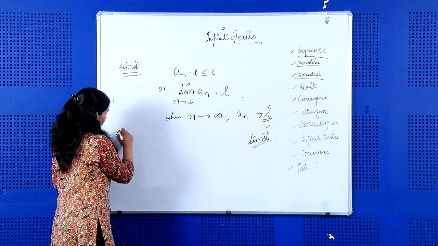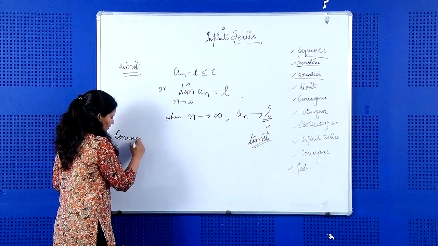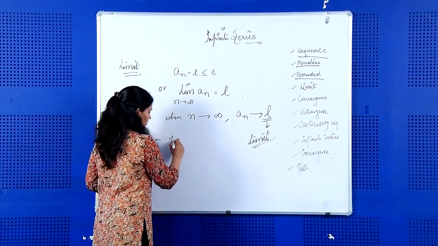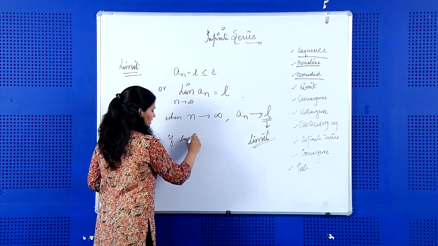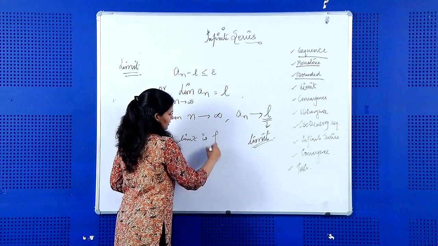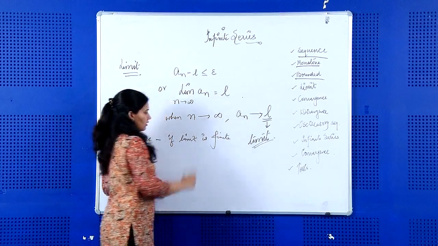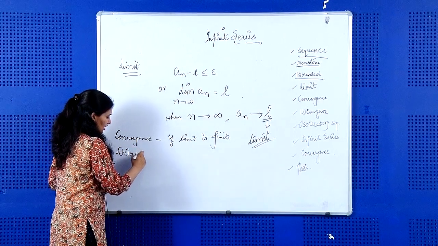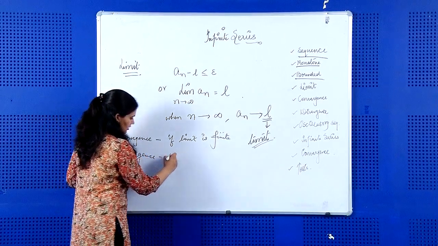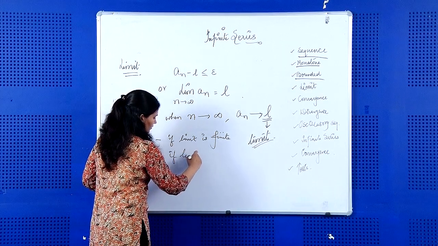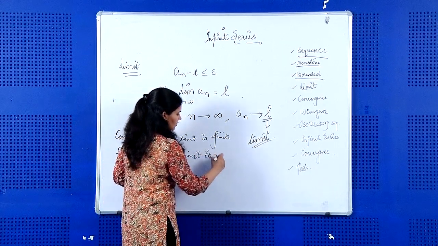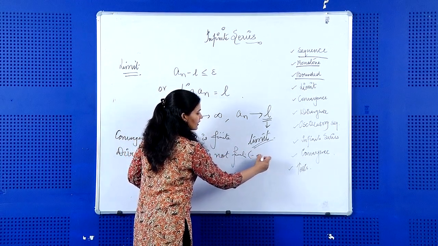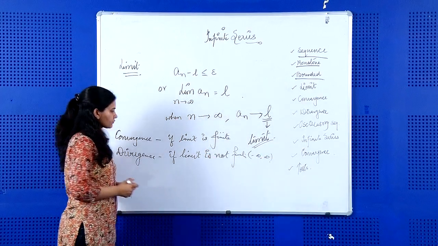So, we can conclude that a sequence can be convergent if the limit is finite, and a sequence is divergent if the limit is not finite, maybe minus infinity or plus infinity.